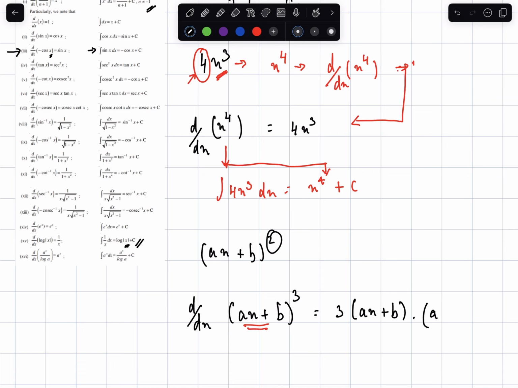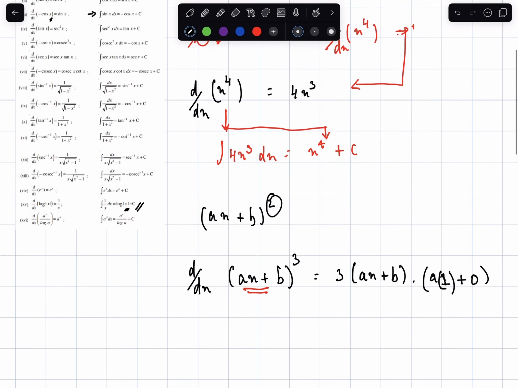And x becomes 1, so we don't have to worry about that. b is also constant, so that becomes 0. So a times 1, and b becomes 0 because they are constants. Correct? So a times 1 is a, plus 0 is a. So it is 3a times ax plus b.